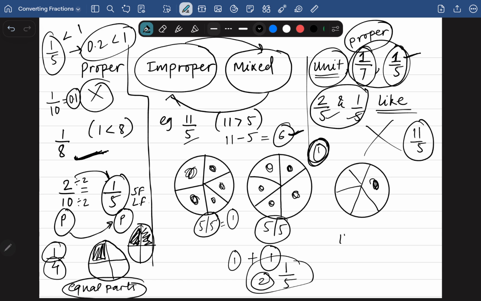So when I convert 11 over 5 into a mixed fraction, I get 2 and 1 over 5. I read this as 2 and 1 over 5, which means 2 plus a part of the third pizza, which is 1/5.